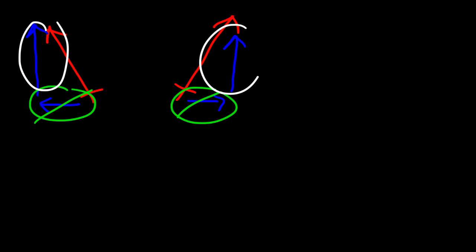So if we resolve those two vectors into their components, the one on the right has an x component going towards the right and a y component going up. The one on the left has an x component going towards the left and a y component going up. So notice that the x components cancel because they're opposite to each other. However, the y components do not cancel because they're pointing in the same direction.